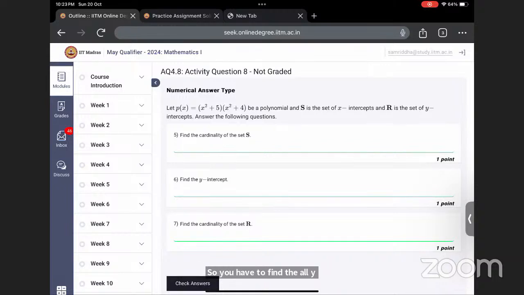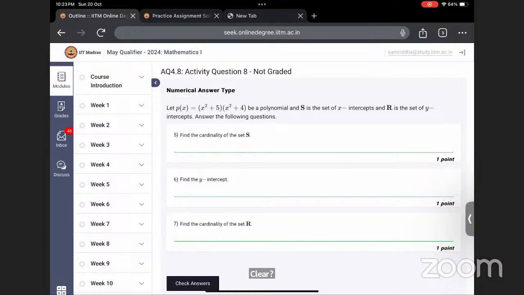Y-intercept means we equate x with 0. Then we find P of 0 equals 20. That means we have only one y-intercept, which is 20. So what is the cardinality of R? 1.